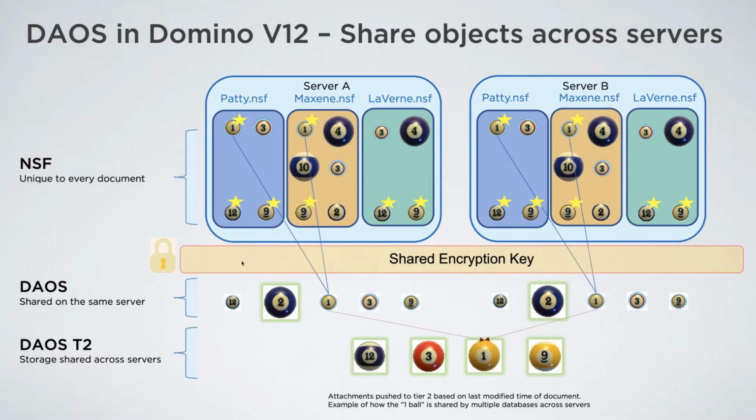In the last version, we added a second tier, DAOS tier 2, that moved attachments or files, those NLO objects, from the first tier to a second tier that could be cheap S3-compatible storage, either in the cloud or on local premises.